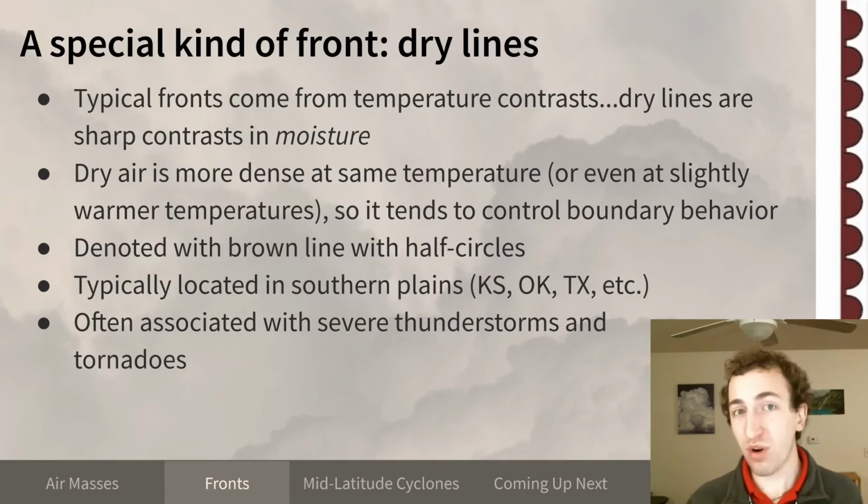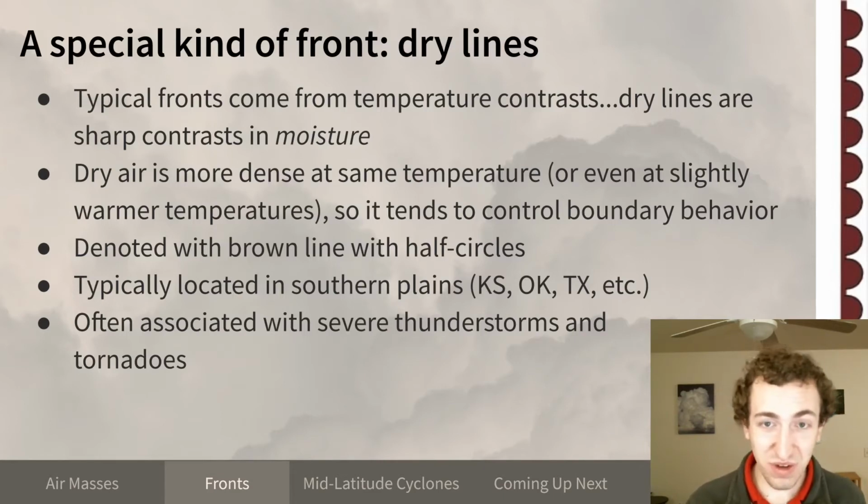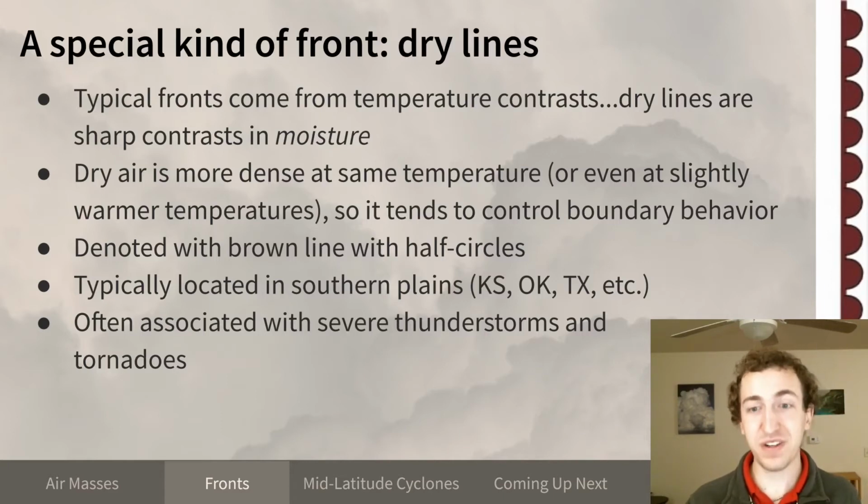But why they're important for a severe and hazardous weather class is that they're often associated with severe thunderstorms and particularly tornadoes, because of the shear profiles that develop along dry lines. We'll talk about shear as an ingredient for severe thunderstorms, but the type of shear that develops along dry lines is especially conducive to the formation of tornadoes. But those are details for a coming video.